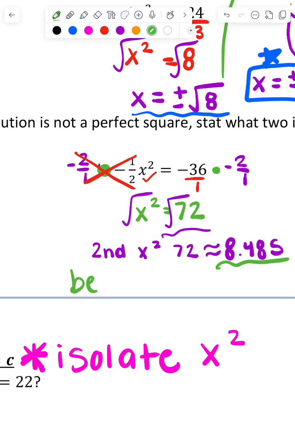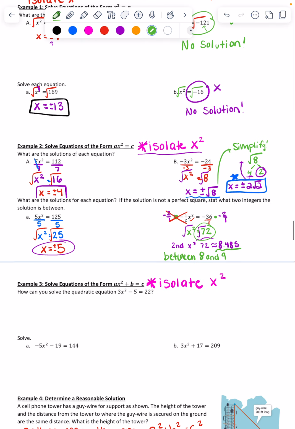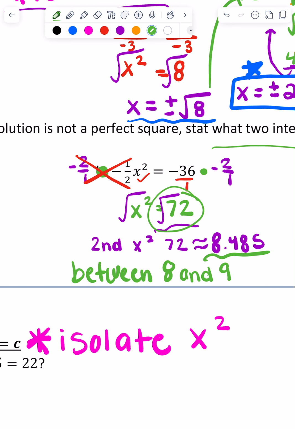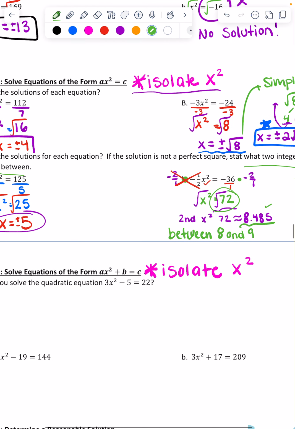We would say somewhere between 8 and 9. Those are the two integers, two whole numbers that the square root of 72 fits in between. So again, if you see that phrase, what two integers is the solution in between? Instead of simplifying the square root, you can just type it in your calculator, find the decimal, and then state the two whole numbers.